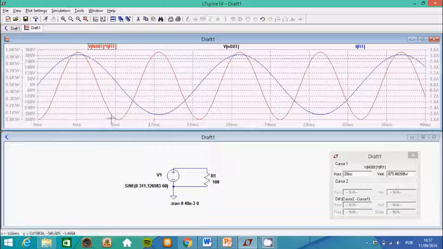During all the time, the power goes from the power source to the load. We can see that the power never goes from the load to the source.